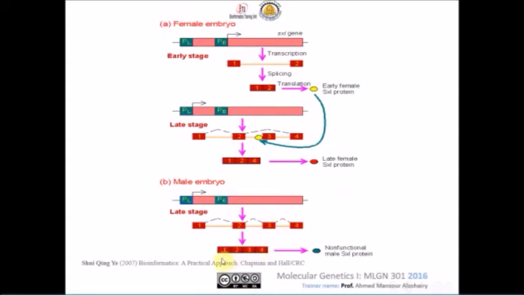This produces a protein which contains these 4 exons, a non-functional male SXL protein. So only the female protein will be functional, but the male SXL protein will not be functional. In this case, we have only males produced.